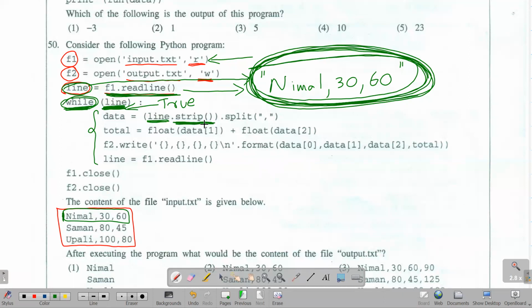What does dot strip do? If this particular string contains leading and trailing spaces, what do I mean by leading and trailing spaces? Assume the string looks like this: Nimal, comma 30, comma 60, with spaces around it.